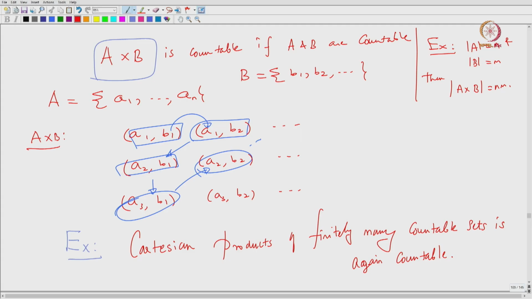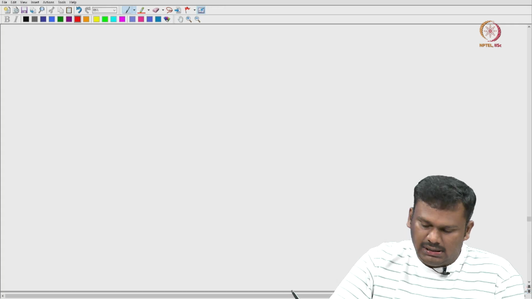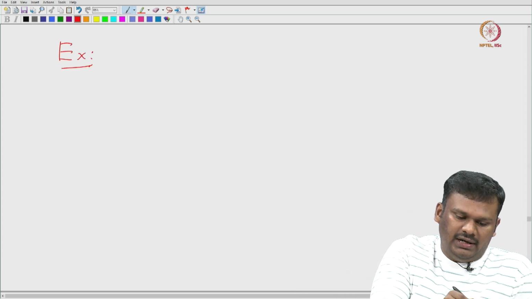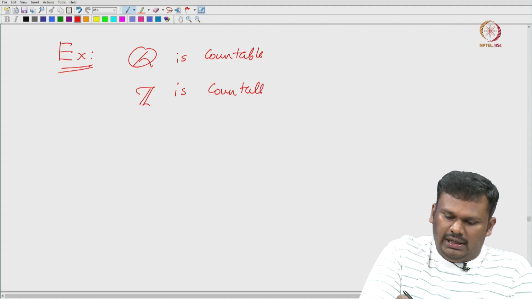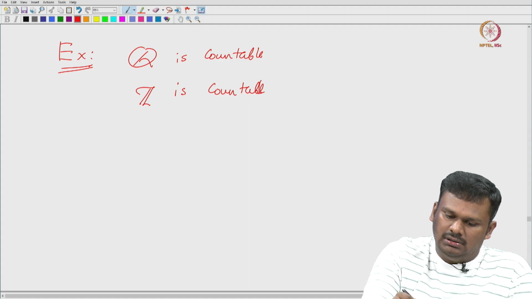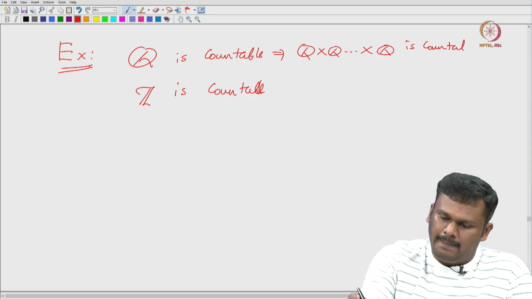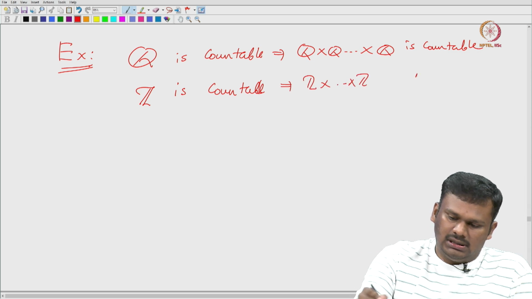Okay. It is a very important observation, and now using whatever results we have proved, we can prove, for example, that the set of natural numbers is indeed countable, and similarly integers is countable, and this would imply that Q cross Q, any number of times, is countable, and similarly Z cross etc. Z any number of times is countable.